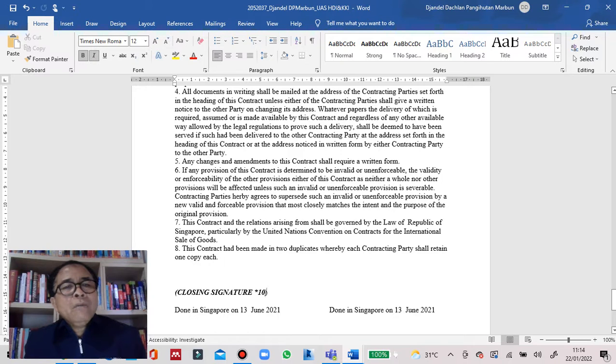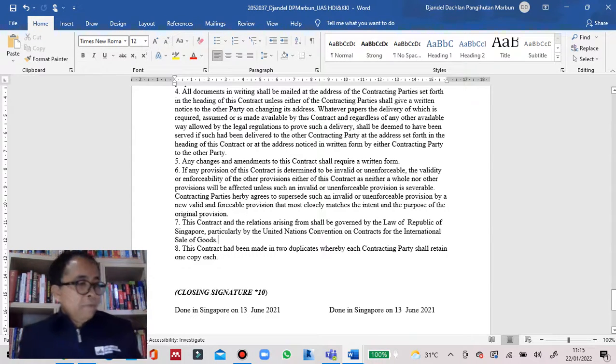This contract and relations arising from it shall be governed by the law of the Republic of Singapore, particularly by the United Nations Convention on Contracts for the International Sale of Goods. This contract has been made in duplicate, where each contracting party shall retain one copy.